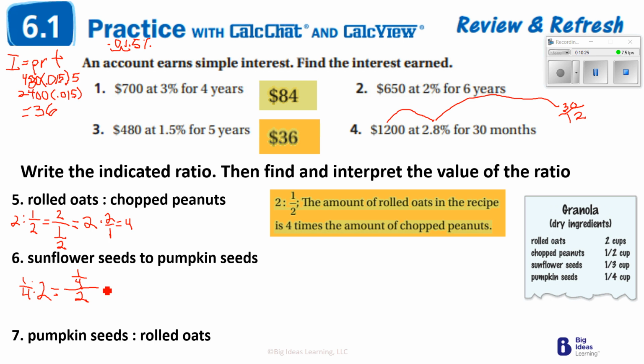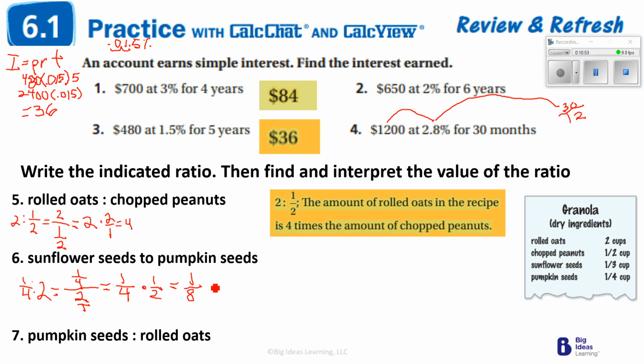So this turns to 1/4. We're keeping the top number the same. We're changing from division to multiplication again, and we're flipping the second one. So instead of it being 2, which is really 2 over 1, it's going to become 1 over 2. Now I have 1 times 1, that equals 1. Now I have 2 times 4, and that equals 8.